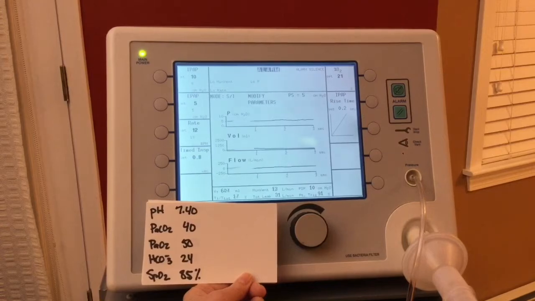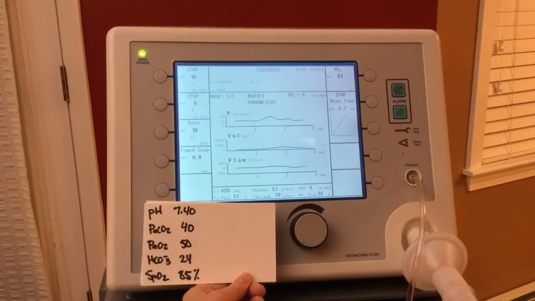So this patient has a normal acid-base status with moderate hypoxemia. Which ventilator settings or non-invasive ventilator settings would you like to move to improve oxygenation?